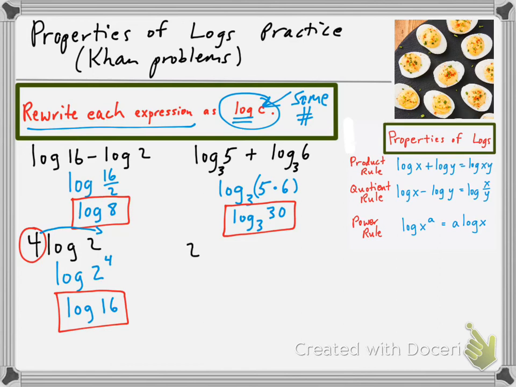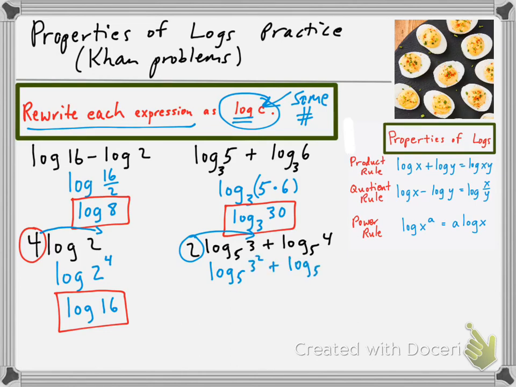And finally, we're going to simplify this: 2 times the log base 5 of 3 plus the log base 5 of 4. Now this particular problem has 2 steps. First thing we're going to do is move any of the coefficients to the exponent position. So we're going to write log base 5 of 3 to the second power using the power rule.